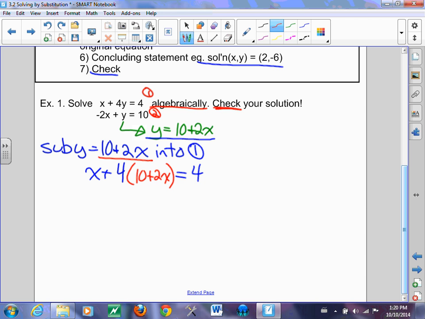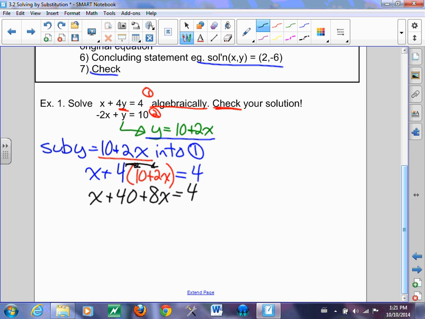And notice when I've subbed in, ladies and gentlemen, the y got replaced with 10 plus 2x. I no longer have any y's in here. So I'm going to solve for the x. I've got to use my mathematics from last year, so I know this is distributive law. So I go x plus 40 plus 8x equals 4.